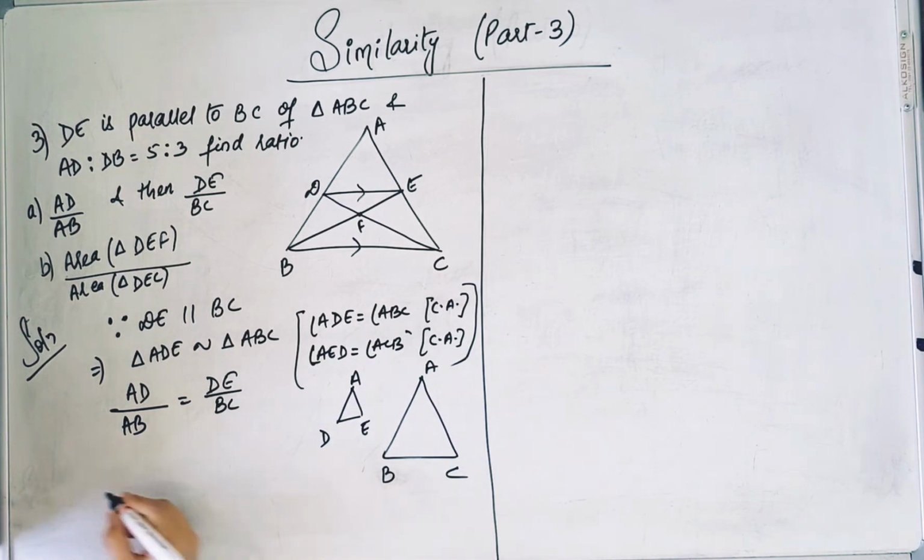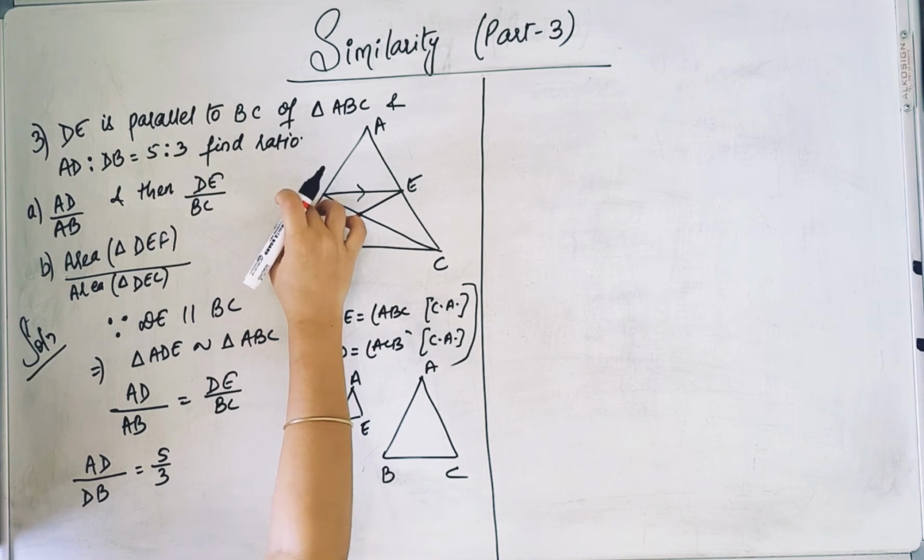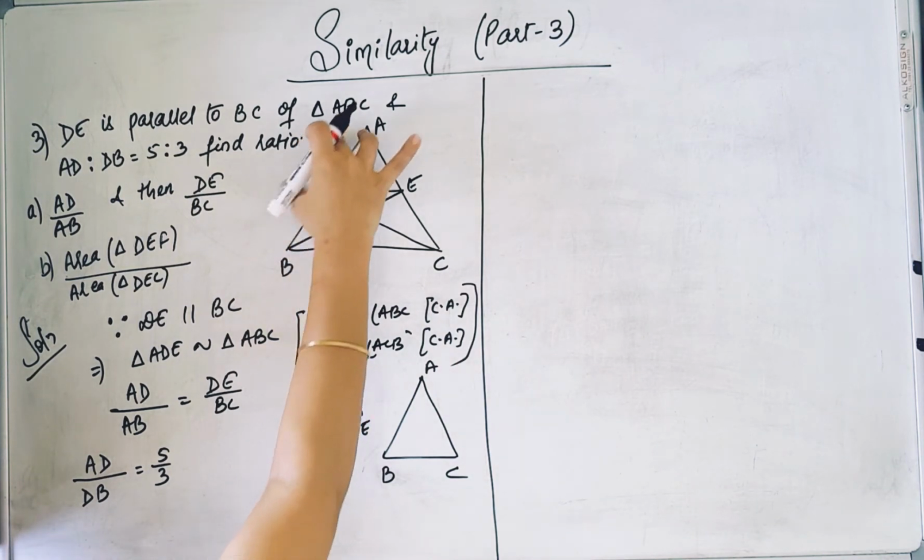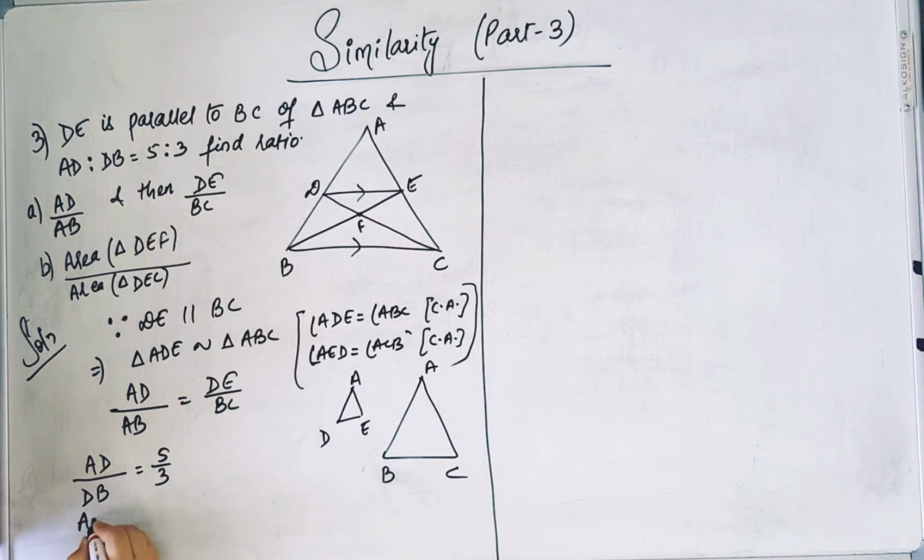Now they have given us in the question that AD by DB is 5 by 3. So in place of DB we can write AB minus AD, and then we do cross multiply.